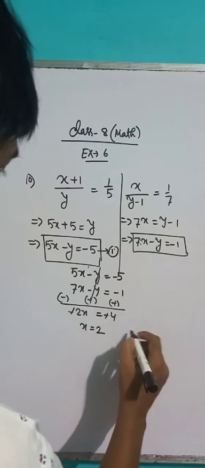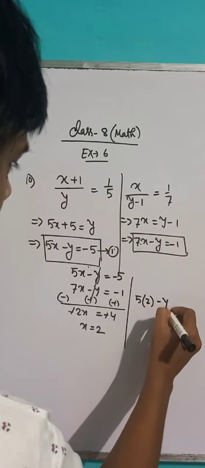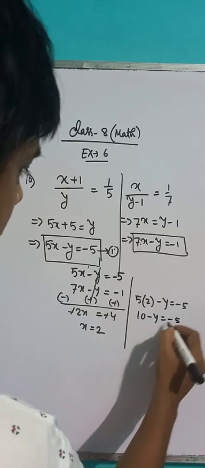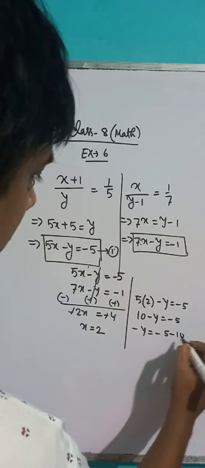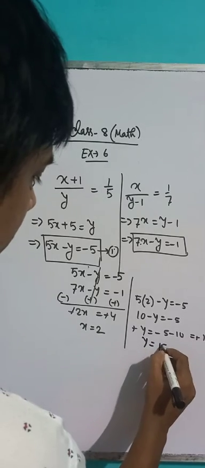Then whatever you get, 5 into 2 minus y is equal to minus 5. 10 minus y is equal to minus 5. Minus y is equal to minus 5 minus 10, that is minus 15. Minus minus cancel. Y value 15.